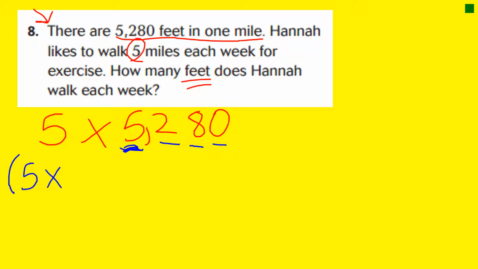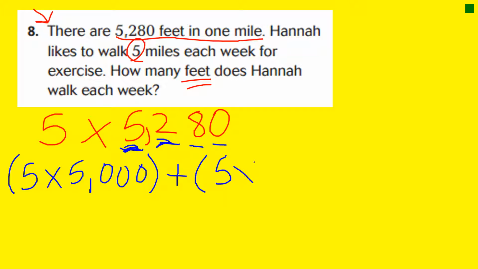What's a 5 in the thousands place in expanded form? 5,000, right? Plus 2 in the hundreds place. So what do we have to do to all these parts? Multiply them by 5. So we did 5 times 5,000, 5 times 200.